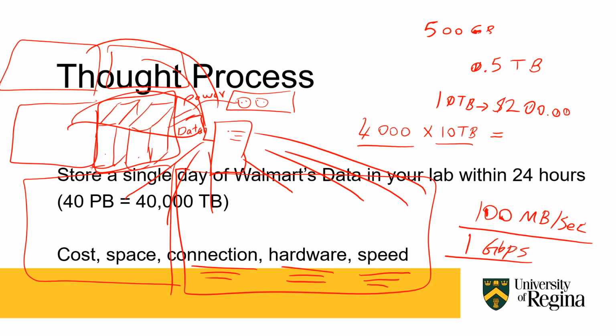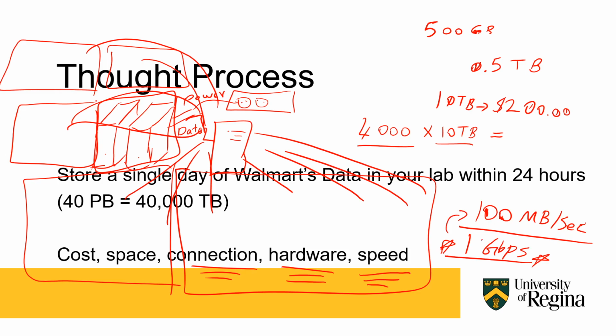It's available in other provinces for home as well, but this is not something you can find quite easily at home these days in Regina. But you need that to be able to download 100 megabytes per second.